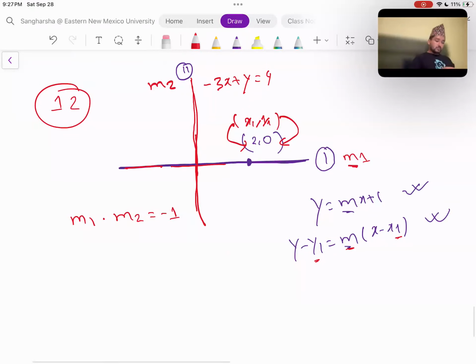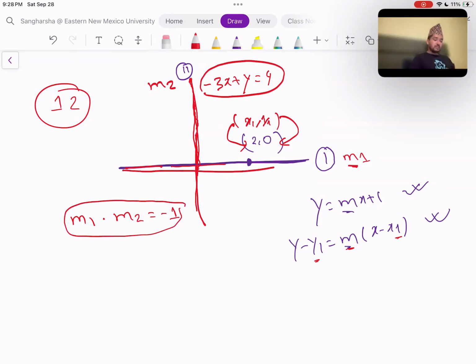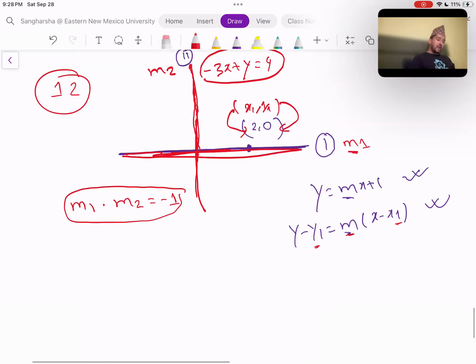We know the equation of this line, which is -3x plus y equals 4. First we find the slope of this line, and using it we will find the slope of line 1.